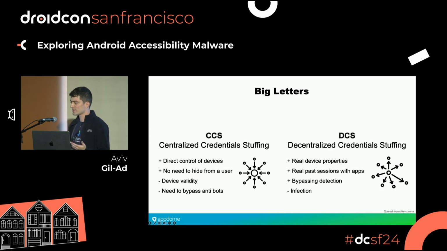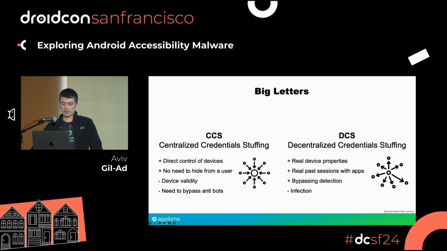Now, of course, many applications have built-in emulator detection, or simple anti-bot measures, such as restricting the number of connections from a single network address, so they will detect centralized credential stuffing pretty easily.